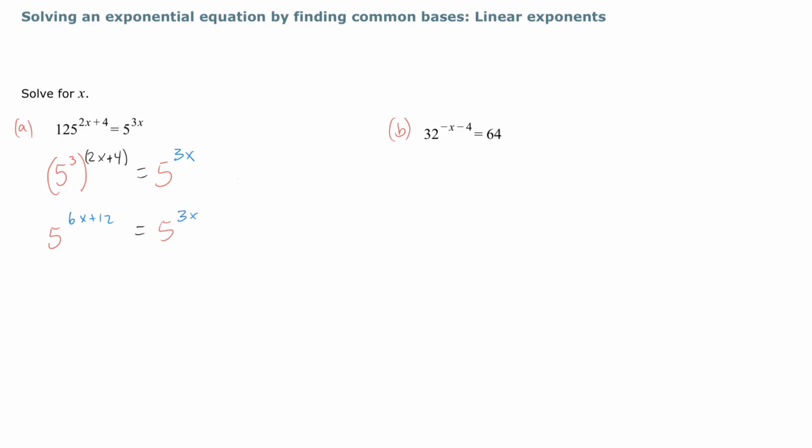And now we know that exponential functions are one-to-one functions, so we can conclude that the exponents are going to be equal. 3x is equal to negative 12. X equals negative 4.